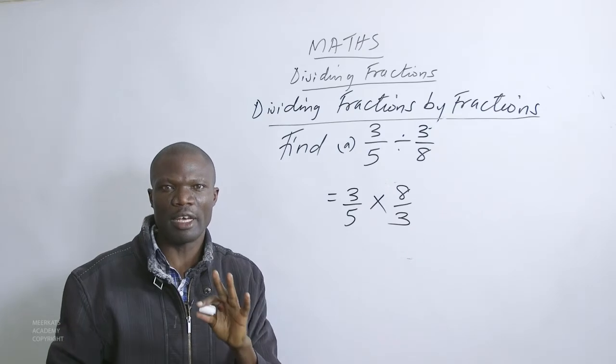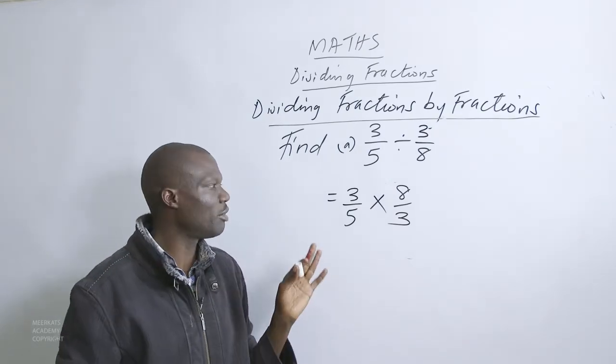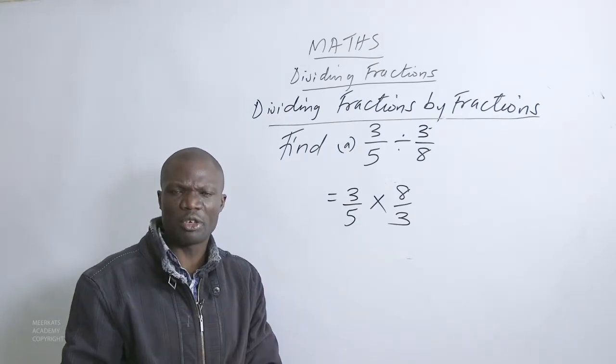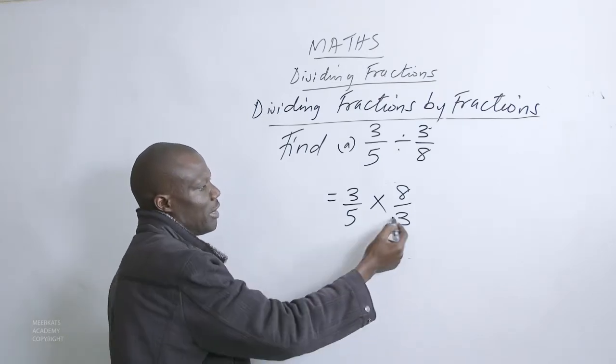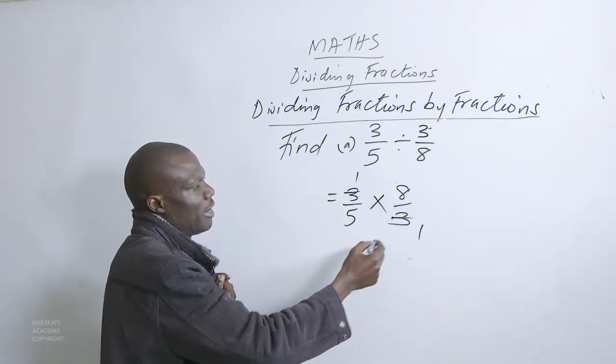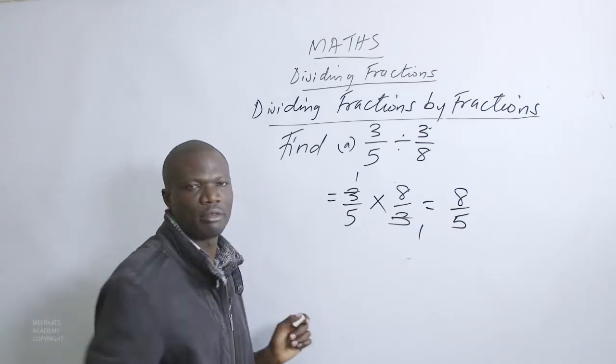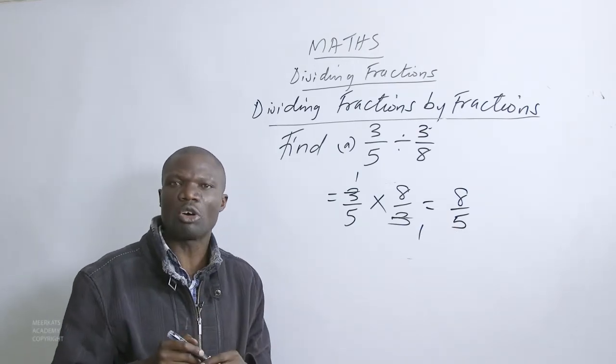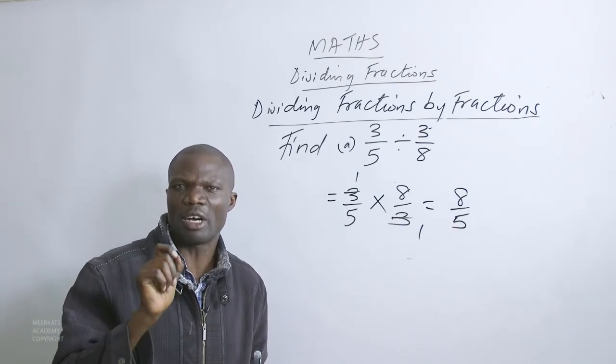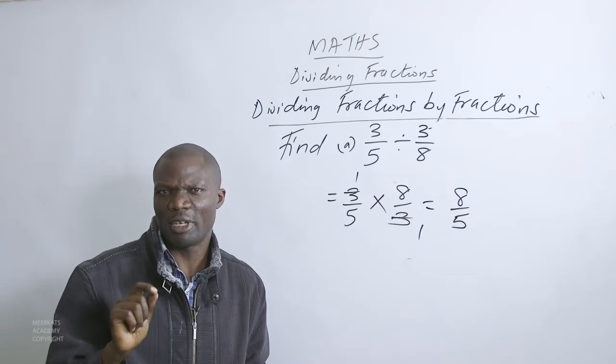And when you have 8 over 3 here, you'll find that we are able to cancel by 3 here, 1, and by 3 here, 1. You'll find you remain with 8 over 5. In fractions, it is always advisable that you keep your answer in its simplest form.